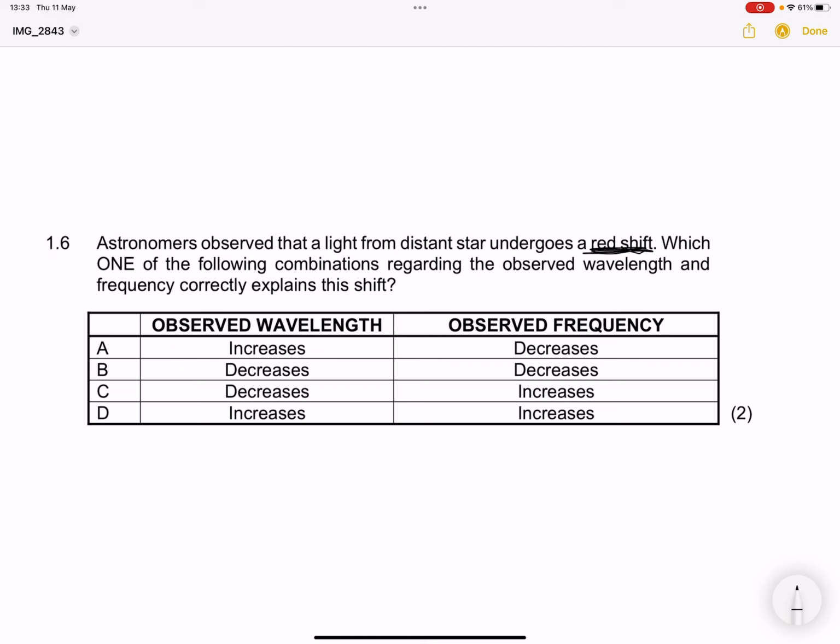They say, which one of the following combinations regarding the observed wavelength and frequency correctly explains this shift? We did say that when we're looking at red shift, it's got longer wavelength, so it's got increased wavelength, but in this case, decreased frequency. So it does look like A would be the correct answer.